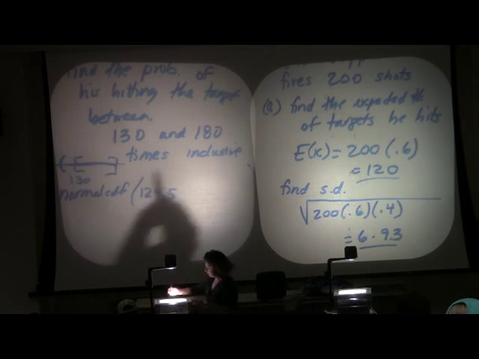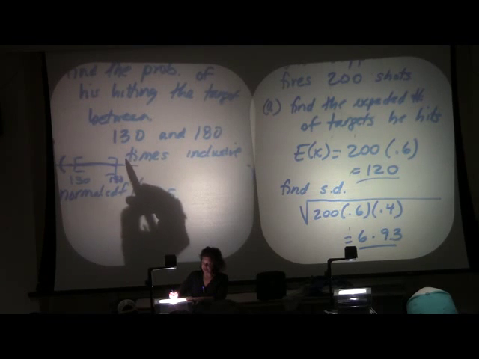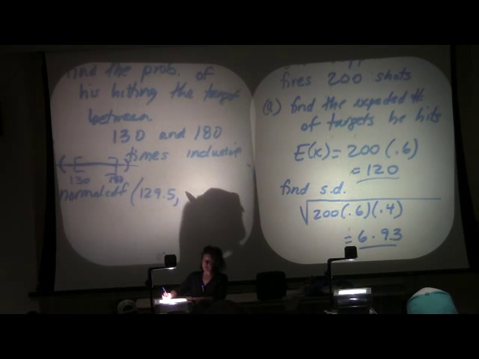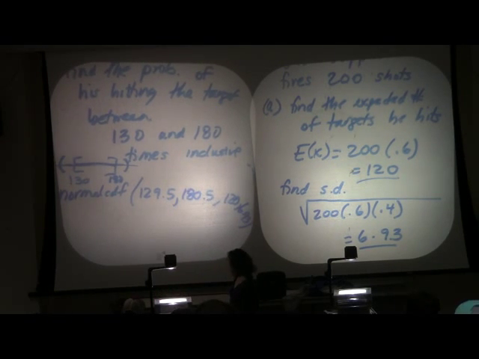If I want to include 180, but I need to cushion him in, what am I going to have for my upper? 180.5. And then I put in my mean and my standard deviation. Does that make sense? Kind of, sort of, at least at this point?